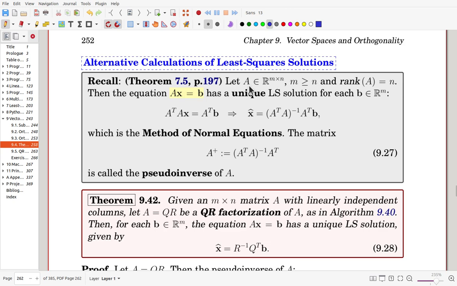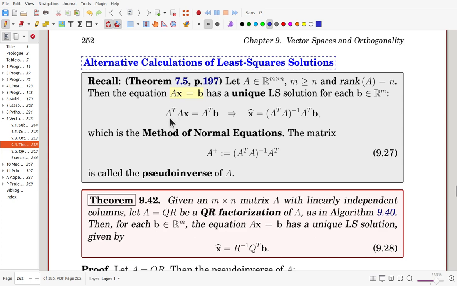Then we already know that the least squares problem Ax equals b has a unique solution, and we can solve it by the method of normal equations.